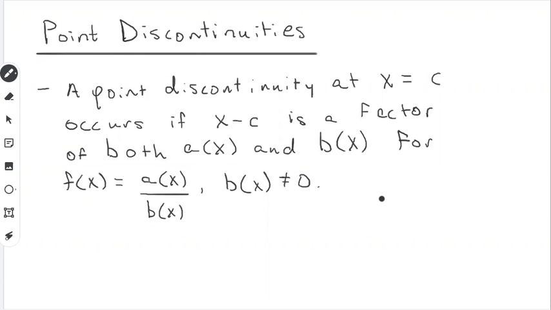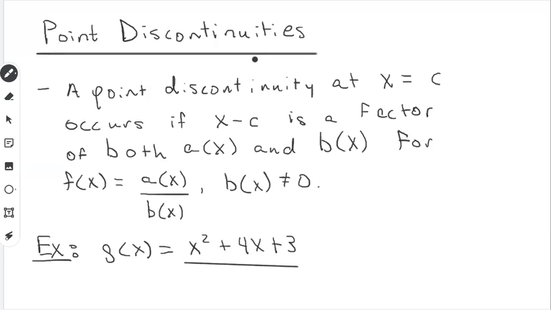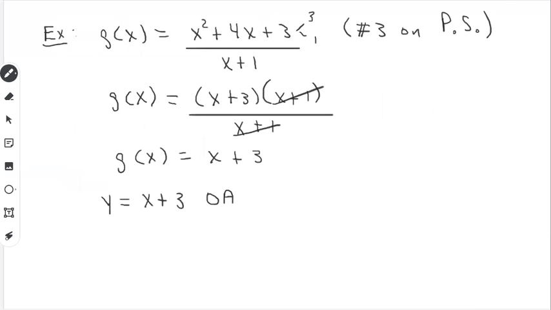Okay? So that's our definition. We know that the point discontinuity is going to occur at x equals c only if x minus c is a factor of both a of x and b of x for our rational function. So let's do the example from the last slide. I think we did g of x is equal to x squared plus 4x plus 3 over x plus 1.